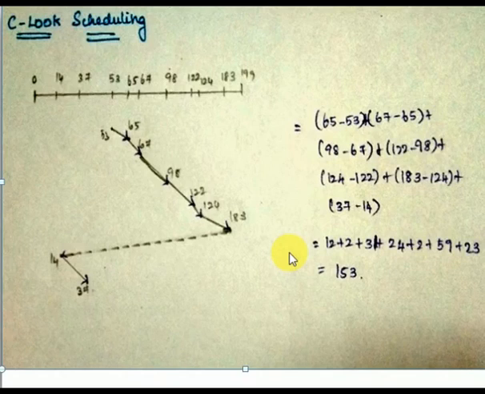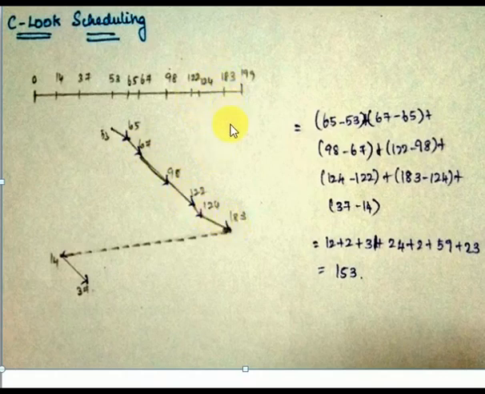The C-look algorithm follows the same principle which was followed in the C-scan algorithm, but it will not reach the end of the disk. Instead, it will reach only up to the final request in the disk queue. Moving on to the same example, the disk is starting at 53 and it has to move in the circular direction. So it is moving to 65, 67, 98, 122, 124 and last is 183.